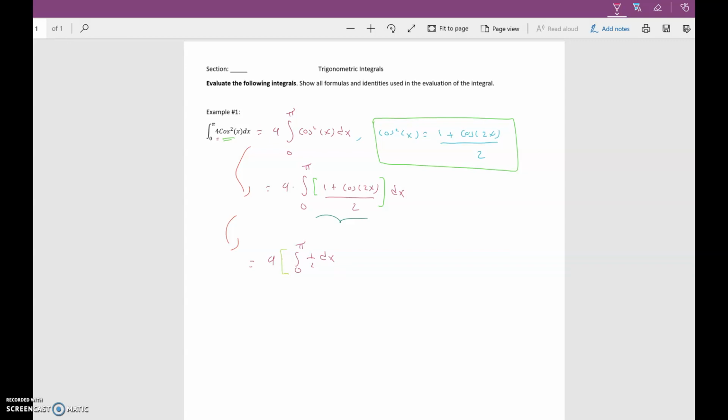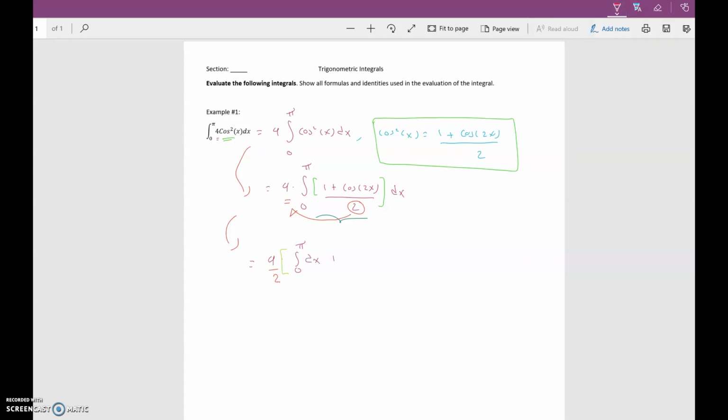I think it's easier if I extract the 2 and put it on the outside of the integral. This way we're not dealing with the 1/2. So in this case, this will just be dx, over 2. And then we can rewrite this one.